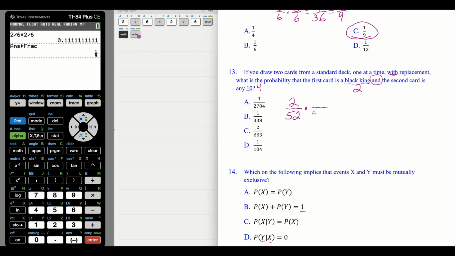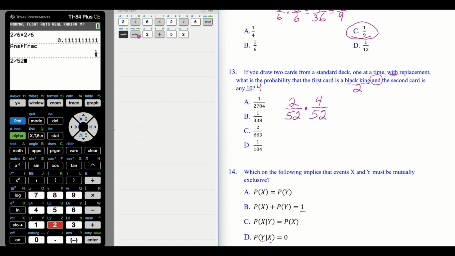Now, second event, we still have 52 cards. However, we have 4 total. Now, put that in the calculator. We don't need our parentheses because we are dividing and multiplying. Okay, 2 divided by 52 times 4 divided by 52. Enter.